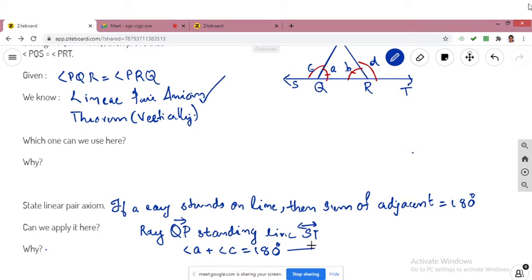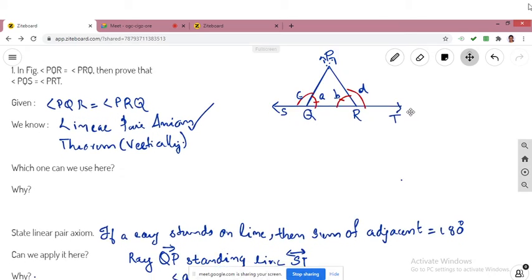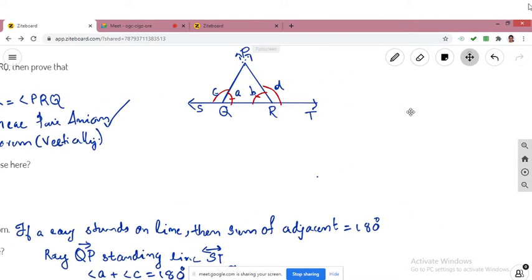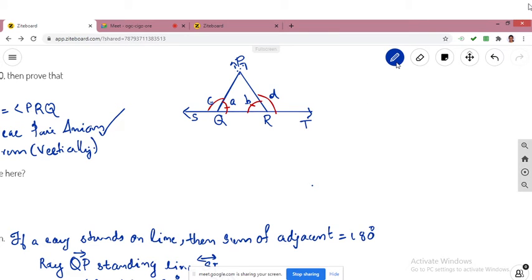So let's mark it as equation number 1. I'll write it in the above part so you can see that also. So we got that angle A plus angle C is equal to 180 degrees. This is our equation 1.